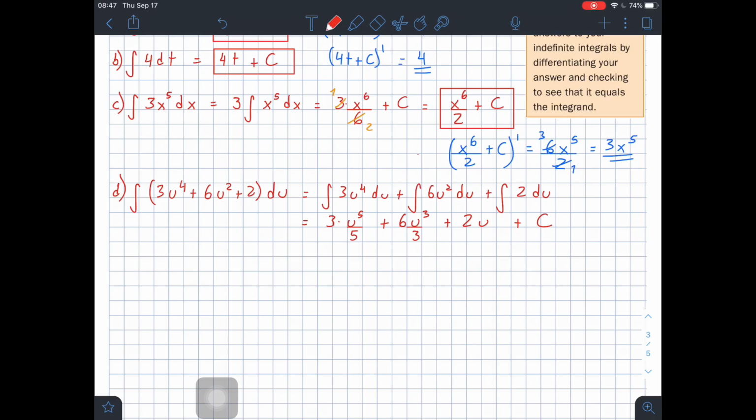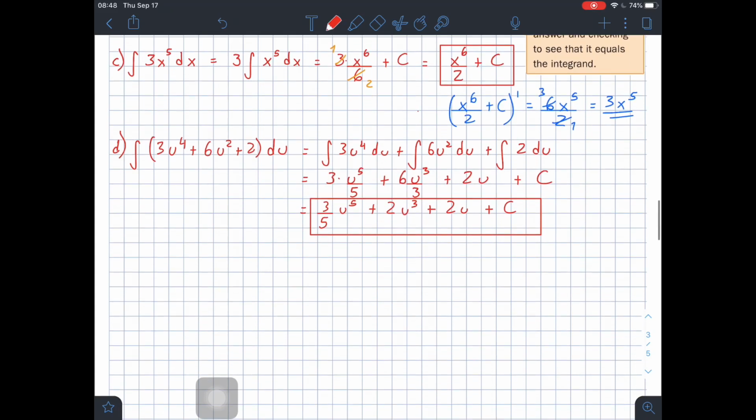So I see that I can simplify some terms. We'll write it as 3 over 5 u to the power of 5 plus 2u cubed plus 2u plus c. So all of this is the result of the integration of this expression over here.